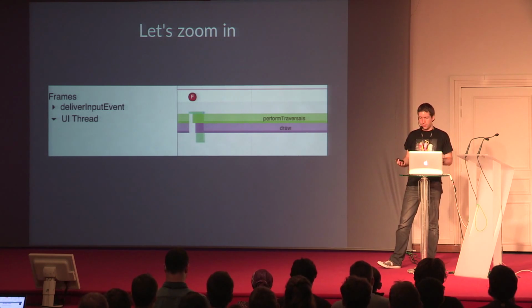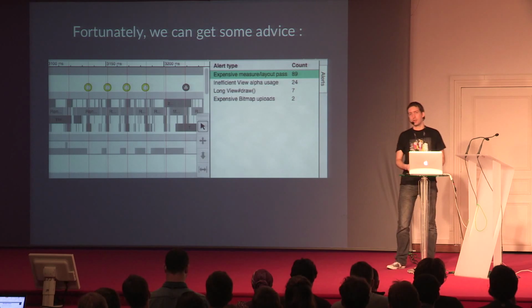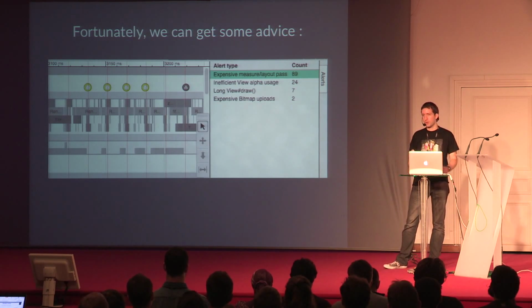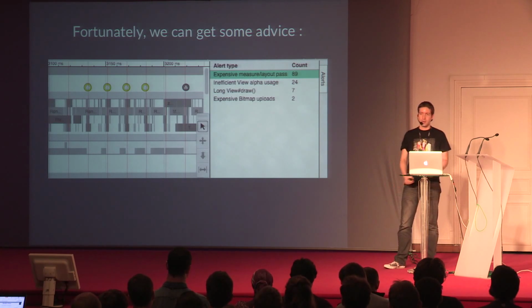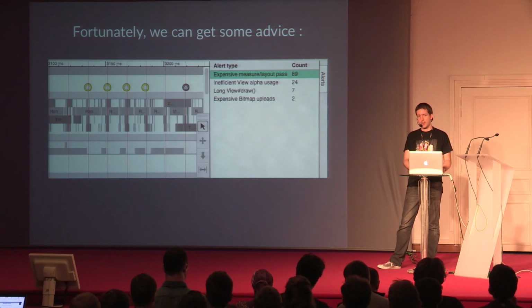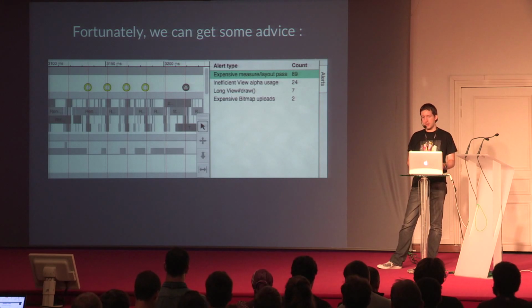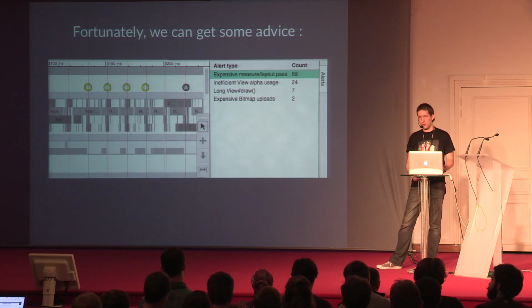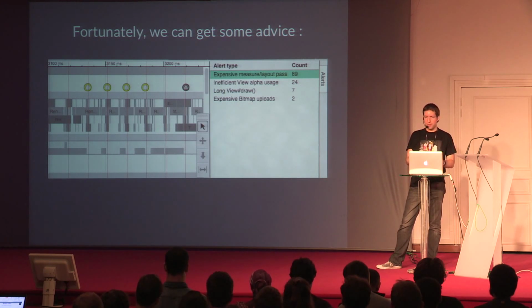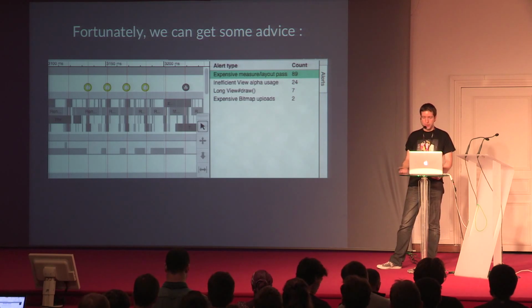Fortunately, we don't have to look at the whole Systrace report for hours to find all the problems we have. The tool itself gives some advice on what it can detect as the most problematic behavior during this 5-second time frame. For example, we can have garbage collection.